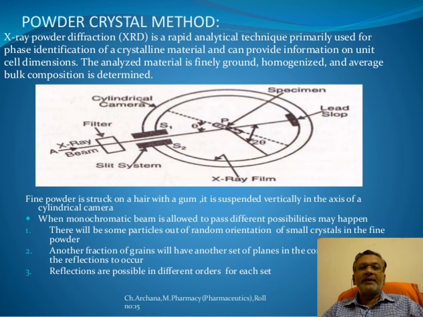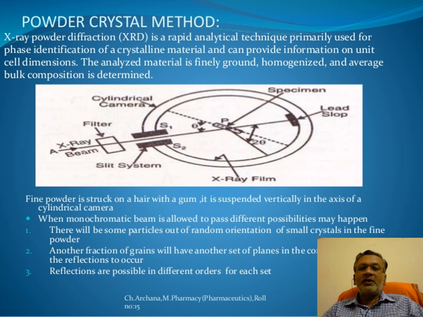Powder crystal method. The X-ray powder method is called XRD. It is a rapid analytical technique primarily used for phase identification of a crystalline material and can provide information on unit cell dimensions. The analyzed material is finely ground, homogenized, and average bulk composition is determined.